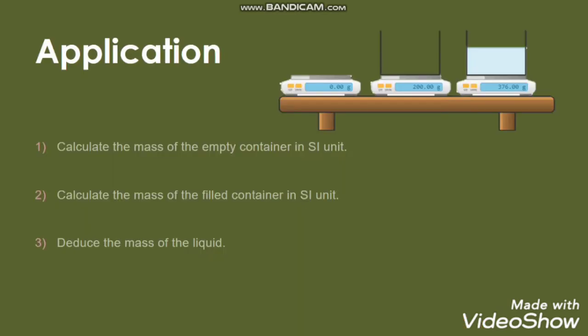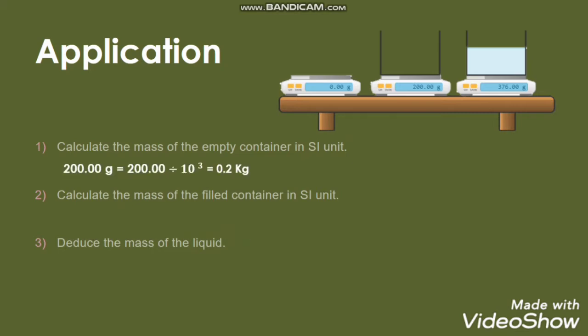Let's go to application. Number 1. Calculate the mass of the empty container in SI unit. The mass of the empty container is 200 grams, but the SI unit is kilogram. So I have to convert from gram to kilogram. All I have to do is divide by 10 to the power 3.